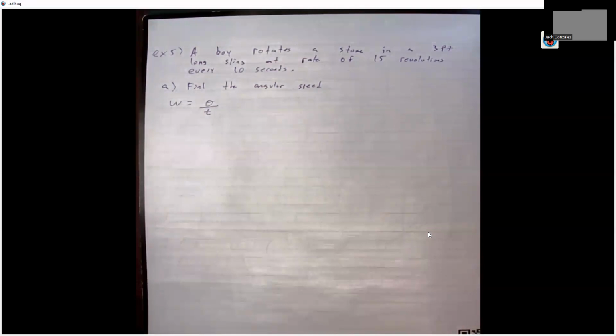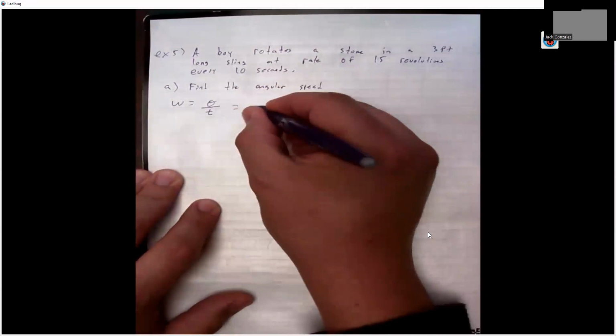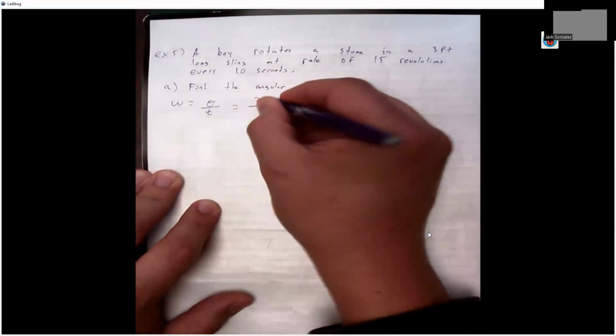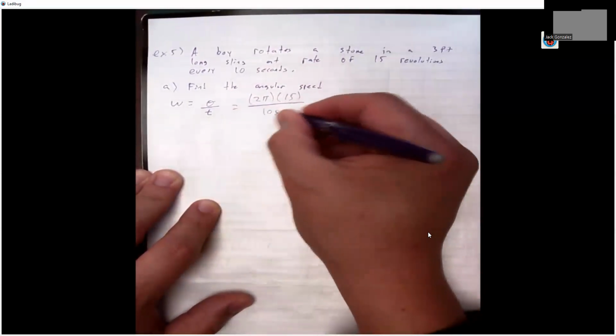In 10 seconds, I'm doing 15 revolutions, going around and around. But what is a revolution? It's a full circle, right? So isn't one revolution 2 pi then? So technically our theta is 15 of this. Does that make sense? And that all happens over 10 seconds.